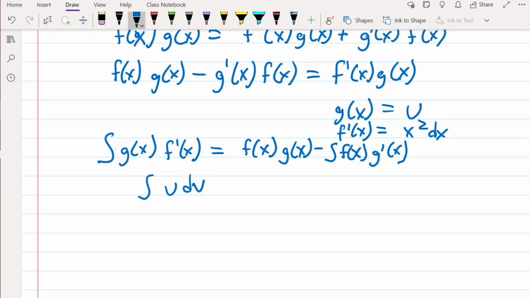The integral of u dv equals uv minus the integral of v du.